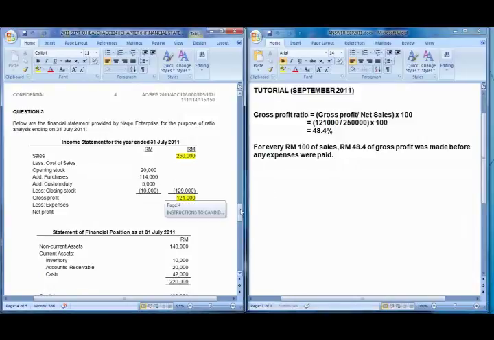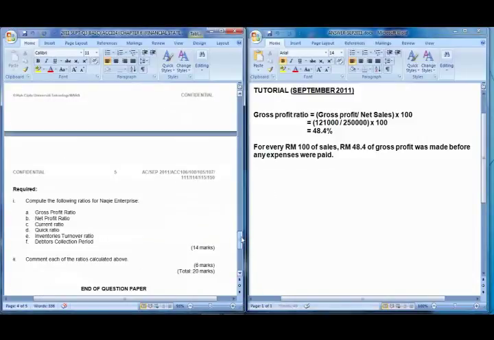Proceed with the second question, which is net profit ratio. So Azim, what is the formula for the net profit ratio? The formula for net profit ratio, also known as net profit margin, is net profit divided by net sales times 100.